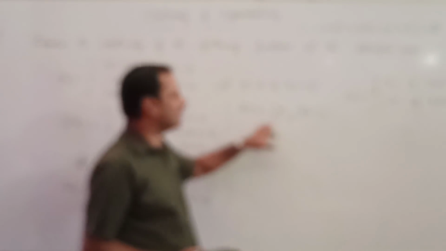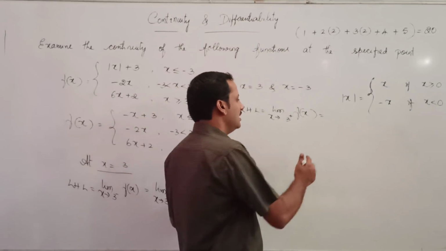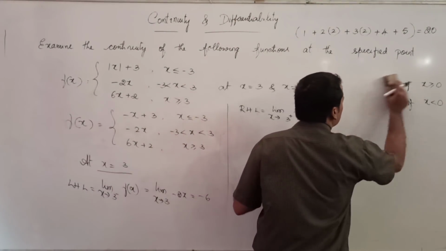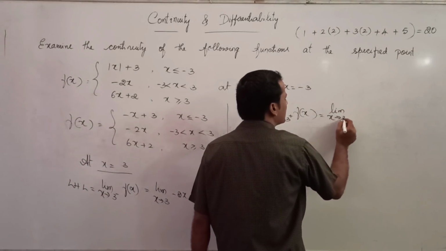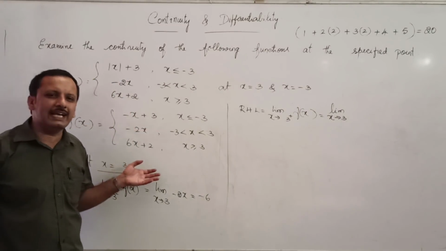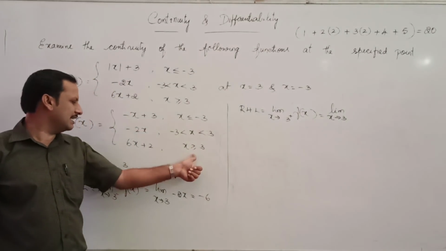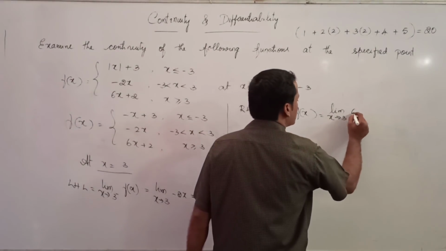Now I would like to find the right hand limit. Limit x extends to 3 plus f of x. X is approaching 3 from the right side. Means it should be greater than 3. Whenever x is greater than or equal to 3, the function is defined as 6x plus 2.